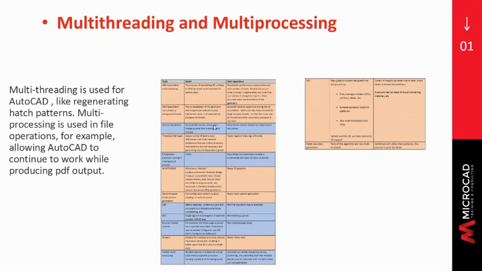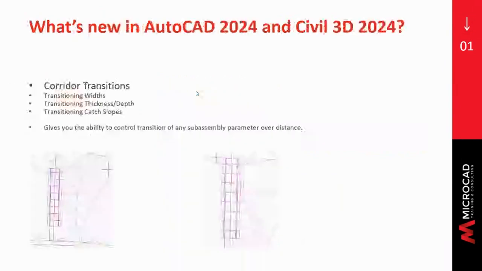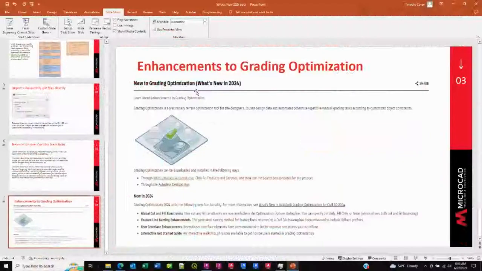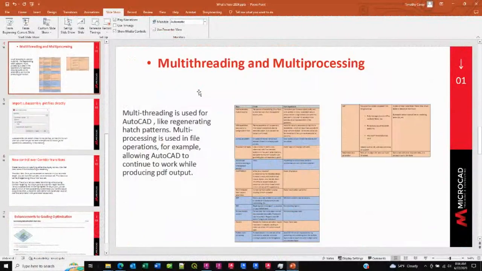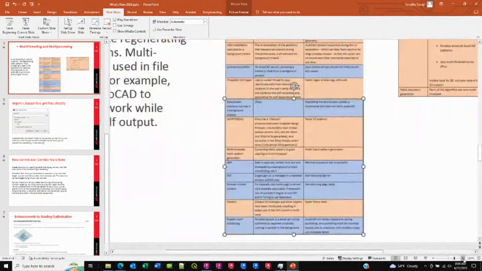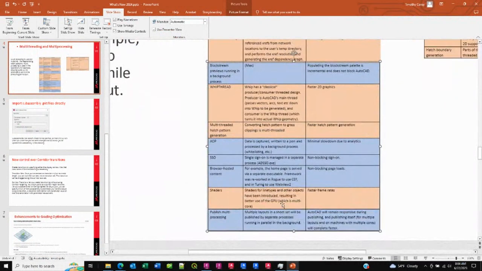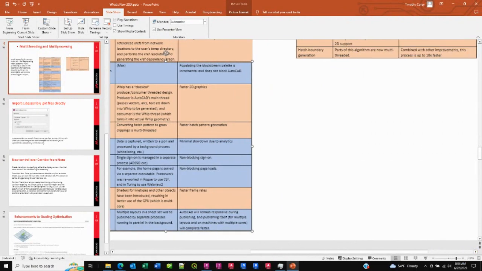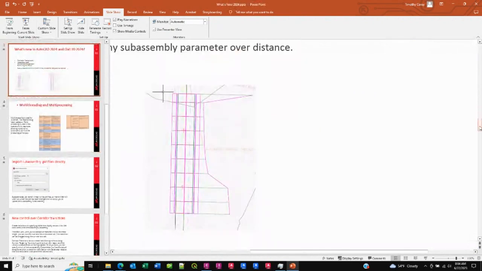Well, now we do. I'm just going to zoom in on some of this. In particular, what's going to be most noticeable for you is this new graphics thread and complete redesign of the graphics system.